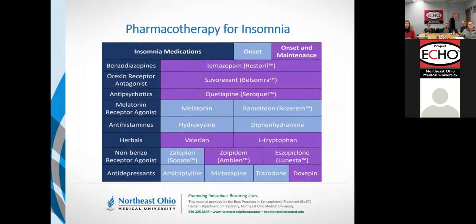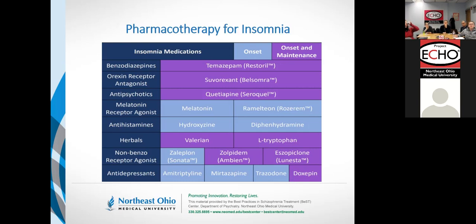And just for completion's sake, many of the common medications that we use to treat insomnia for our patients. In the benzos, there's Restoril. There's the orexin receptor antagonist Belsomra, which is one of the more recent ones. Seroquel, which is an antipsychotic. We have over-the-counter melatonin, as well as Rozerem, which are melatonin receptor agonists.